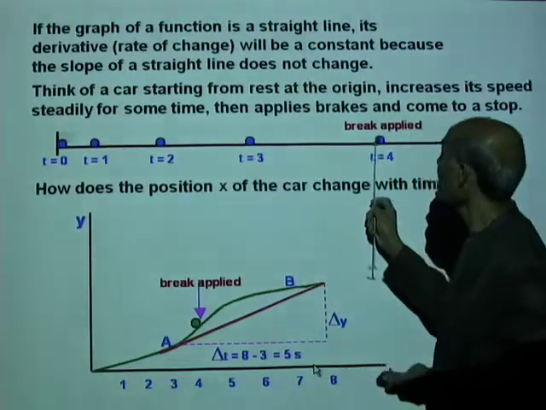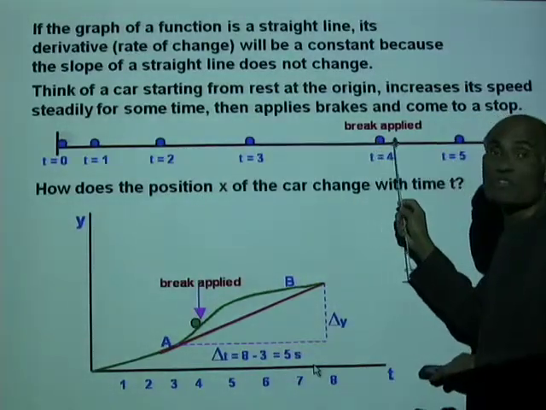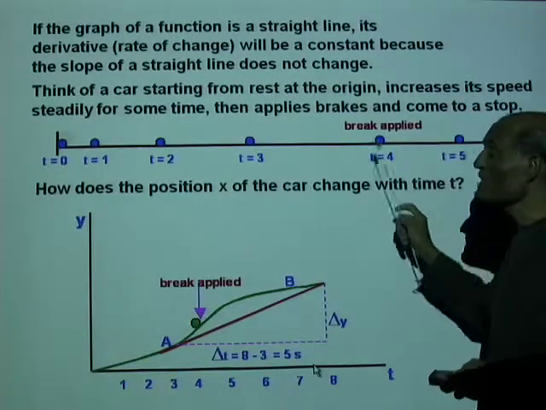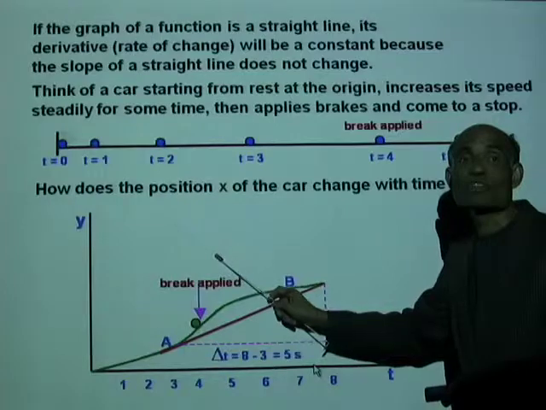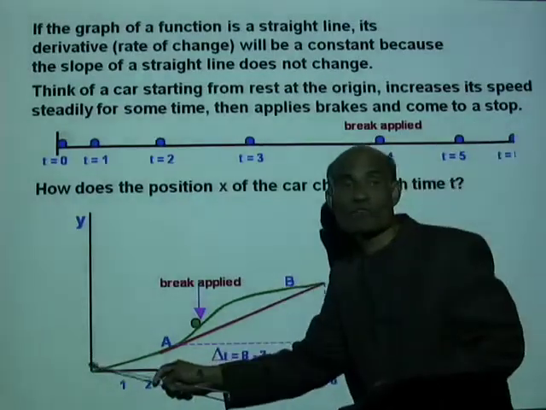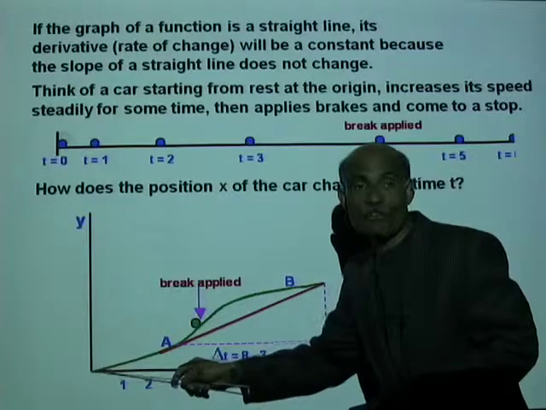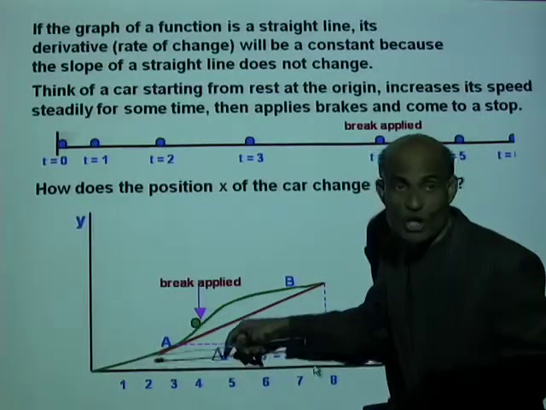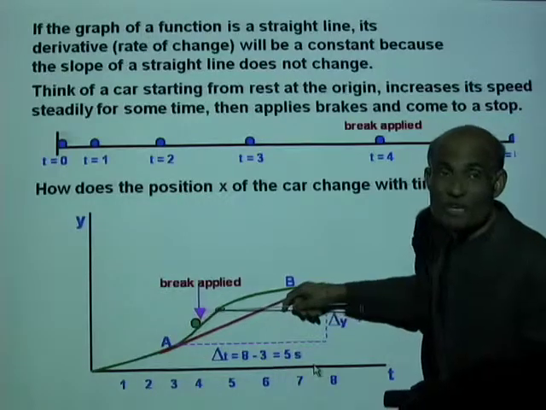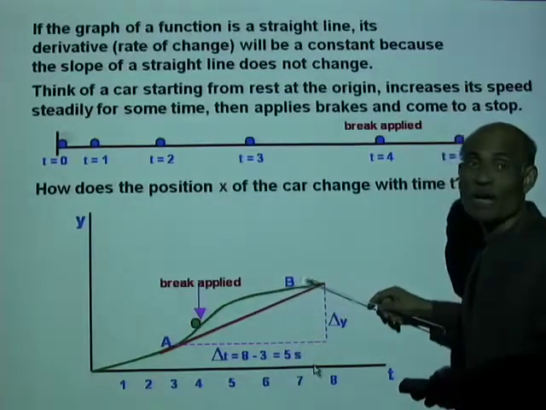Now how about here? Each time the time changes by 1 unit, the distance decreases. In other words, the graph will curve down. So if you look at the graph I have drawn, for the first 4 seconds, the graph will curve up, and the next 2 or 3 seconds, the graph will curve down.